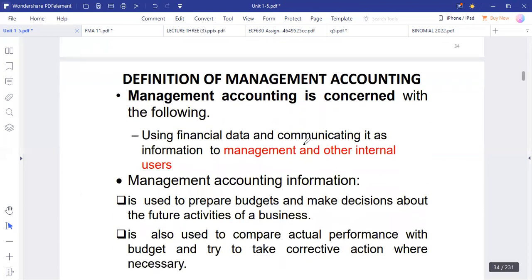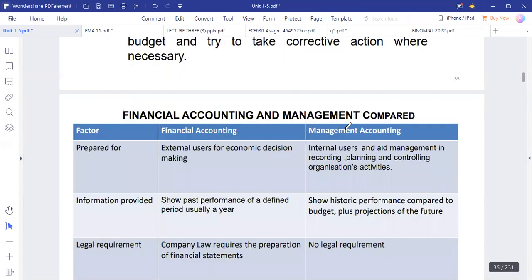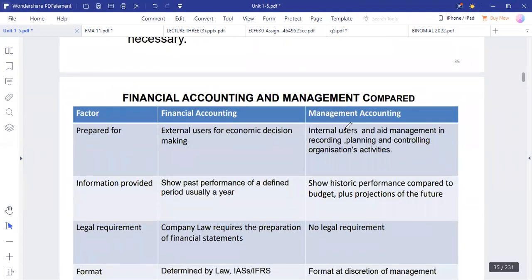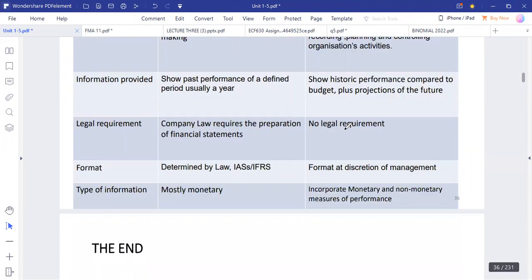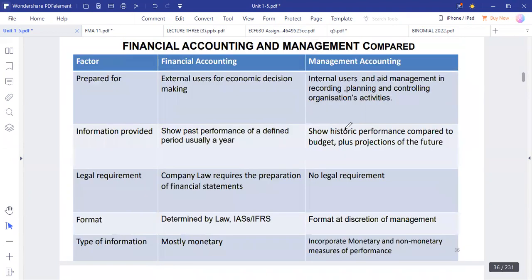So this is a definition of management accounting. It's mainly concerned with what? Using financial data and communicating it for management purposes. So financial accounting and management accounting can be differentiated as has been defined.